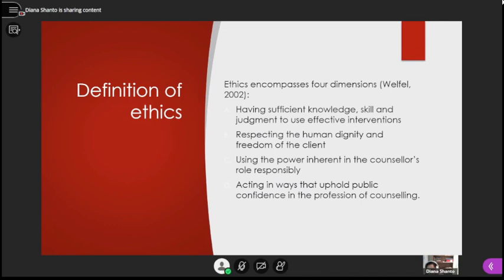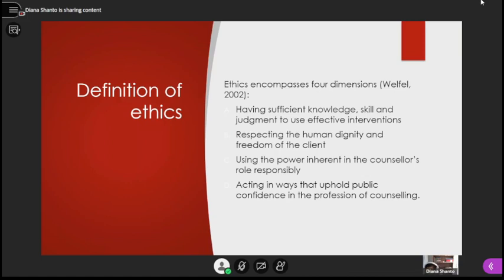C'est pour ça qu'il y a des associations comme le National Association for Social Workers. It's to uphold public confidence in the profession. Ça veut dire qu'il y a une entité qui contrôle un petit peu the actions of the members through ethical code of conduct. Donc, ethically, you have to, par exemple, keep updated with what's latest.